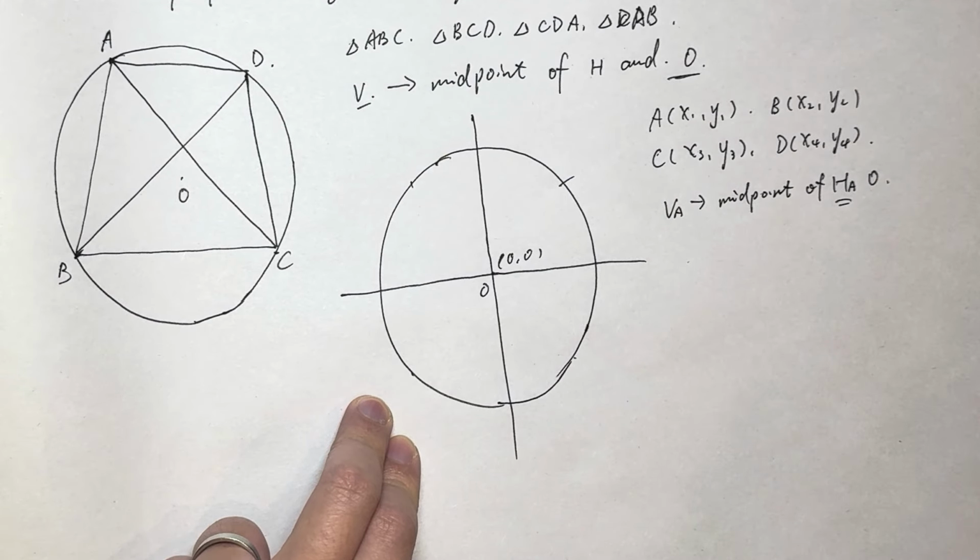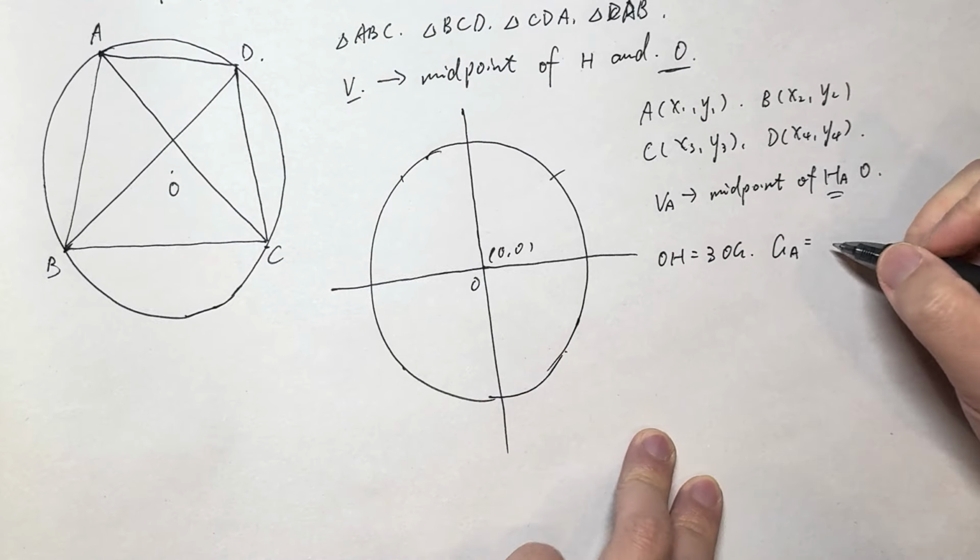And the orthocenter is easy to find because OH equals 3 times OG, and we know that the centroid G can be calculated.